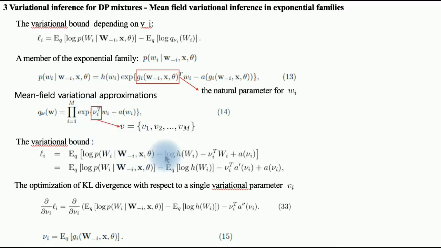In particular, the optimization of the KL divergence with respect to a single variational parameter Vi is achieved by taking the derivative with respect to Vi and computing the following equations. Repeatedly updating each parameter in turn by computing these expectations amounts to performing coordinate ascent in the KL divergence.